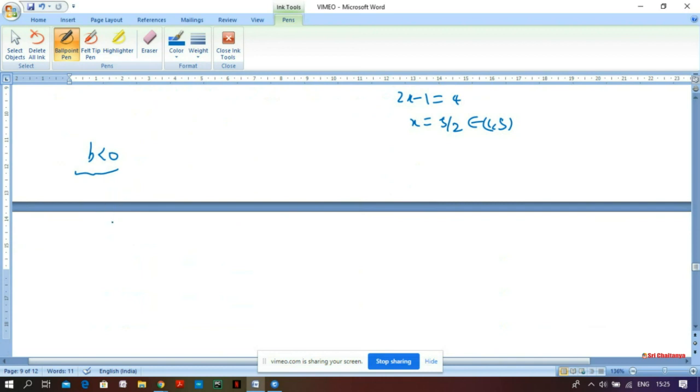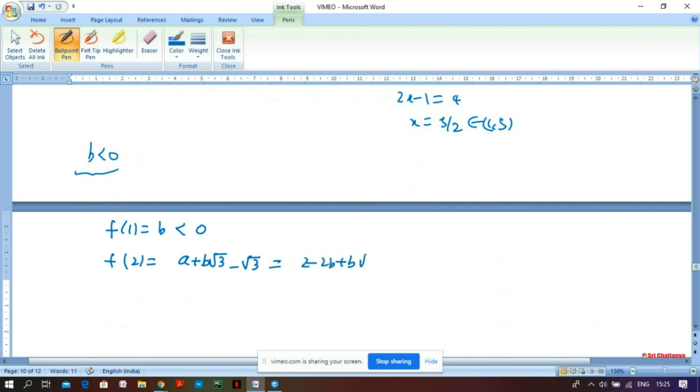Now in the third case, b less than 0, we can take f of 1, which is again b. And f of 2, that will give you a plus b root 3 minus root 3. So that is again 2 minus 2b plus b root 3 minus root 3.